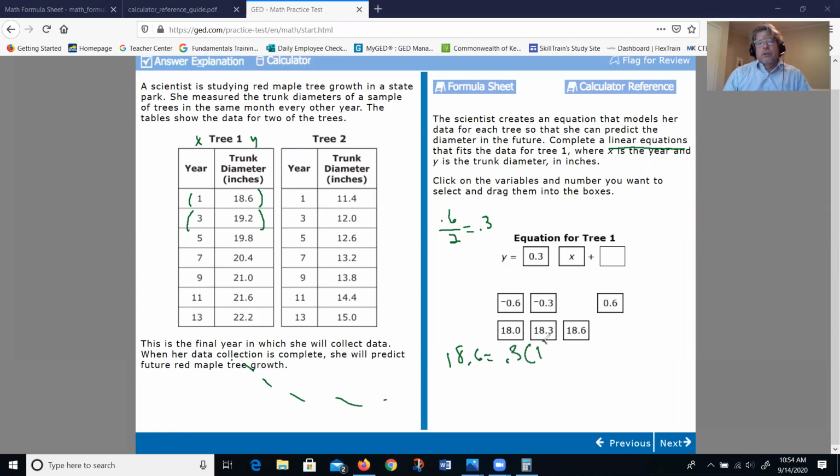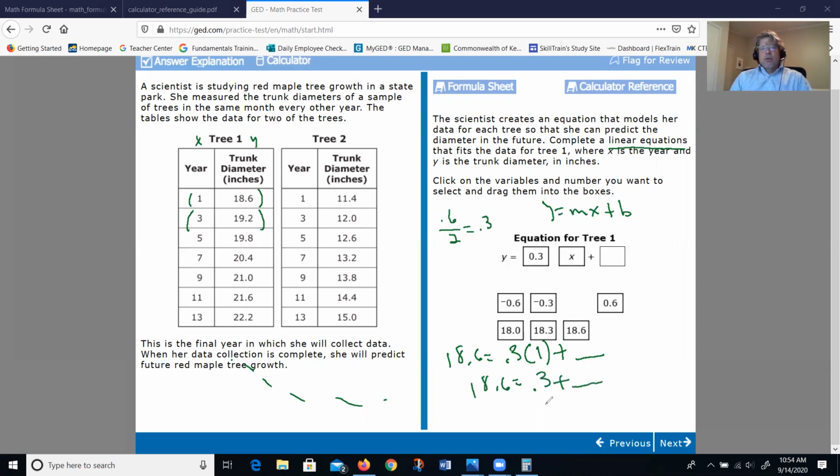The 1 goes in for x, but we don't know that last thing. Because remember, we had this equation, y equals mx plus b. That's our little relationship. So when I do my math, 18.6 is just going to be 18.6 still. 0.3 times 1, well, that's just 0.3, because when you multiply by 1, nothing changes.